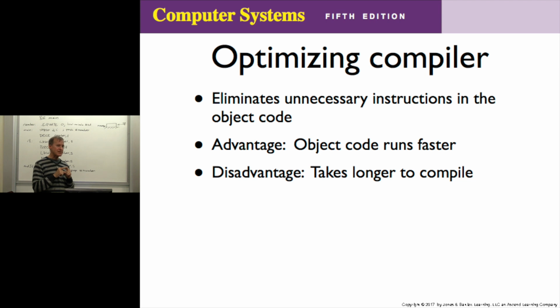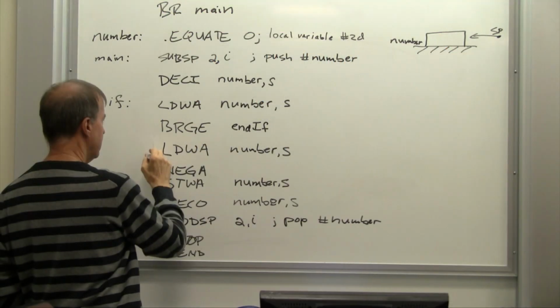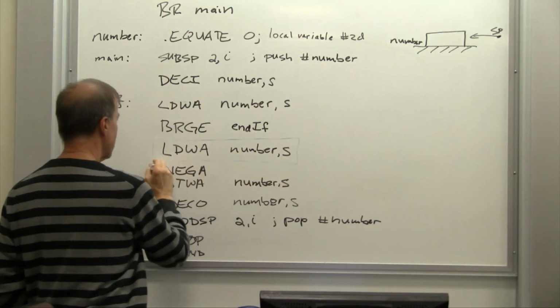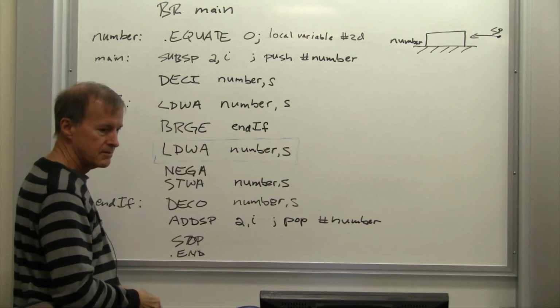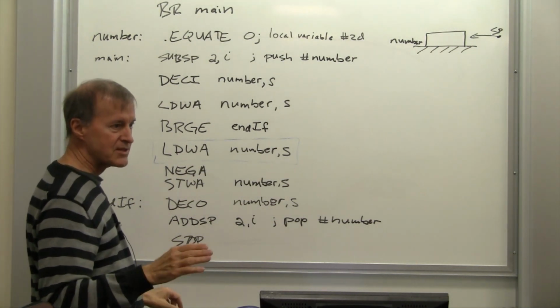What an optimizing compiler will do is remember that when this happens up here, this load word accumulator number, and then a good optimizing compiler can keep track of the fact that that is in there, and then what will it do? It will do what? Just not even generate this. All right? So an optimizing compiler can do that.